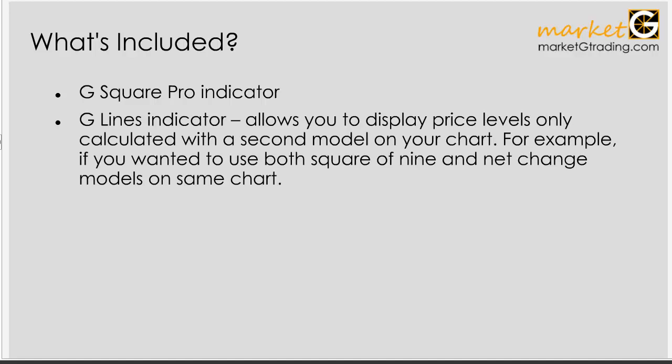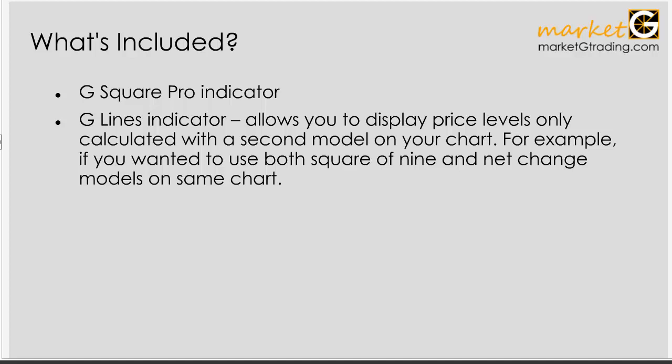So what's included in G-Square Pro? The G-Square Pro indicator, and G-lines. G-lines is basically a simple horizontal line only version of G-Square Pro. So it allows you to easily put a second calculation methodology.